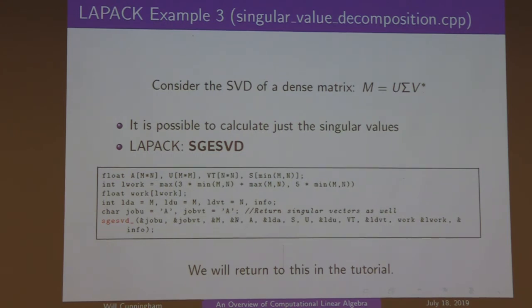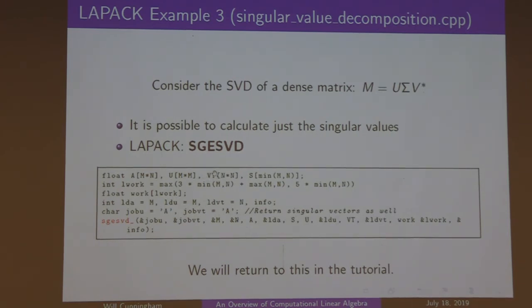So looking at a specific example, again, we use this SGESVD function. So you're doing single precision, general matrix, singular value decomposition. And what you're storing here is your original matrix, some space for your left eigenvectors, some space for the transpose of the right eigenvectors.